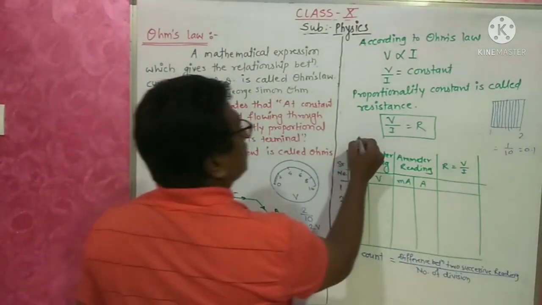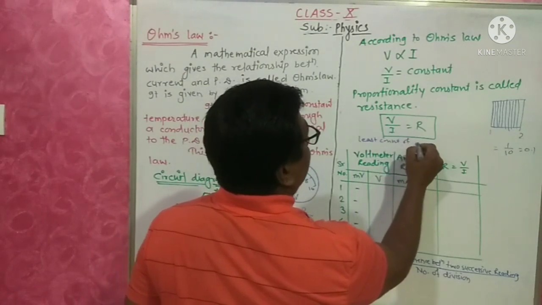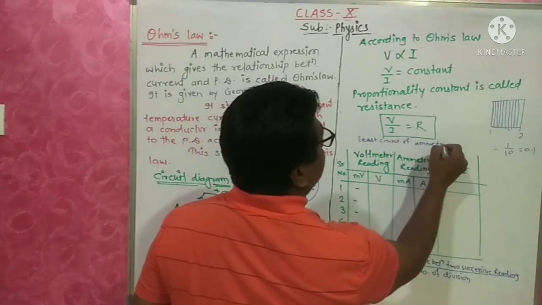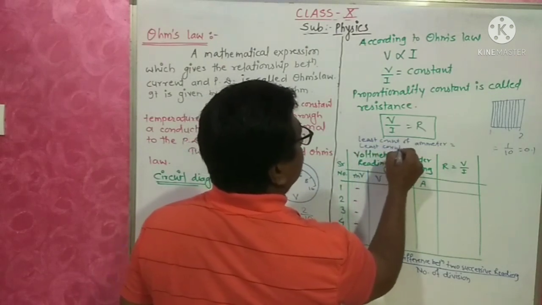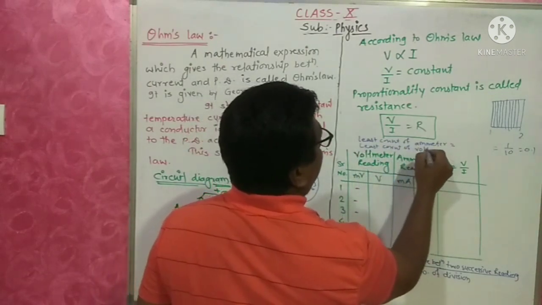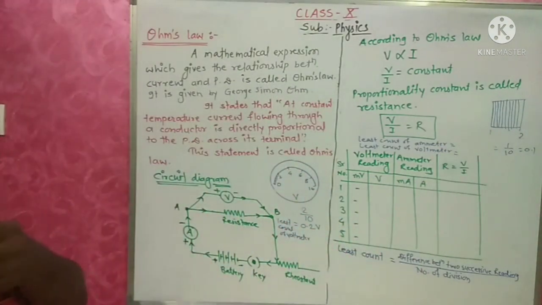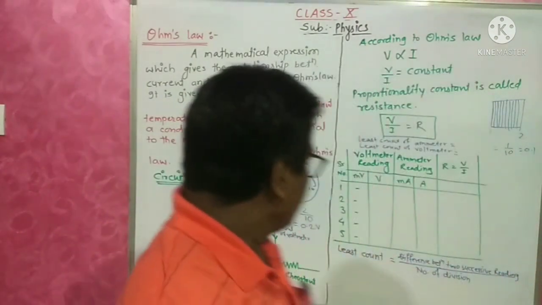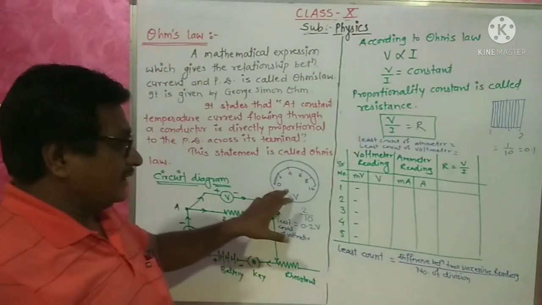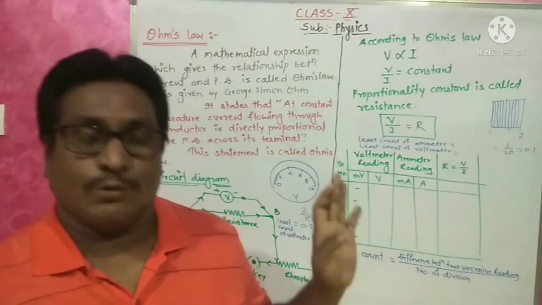And first here mention least count of ammeter, least count of voltmeter. This we have to find. And zero error. Again, one word you will see, zero error. If the pointer is on the 0, then zero error is 0.